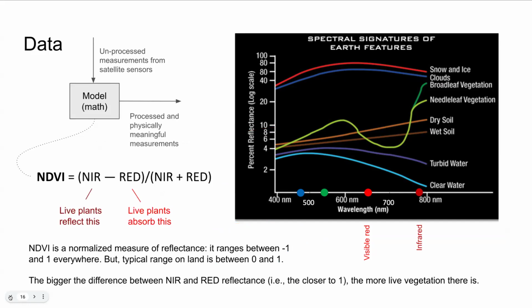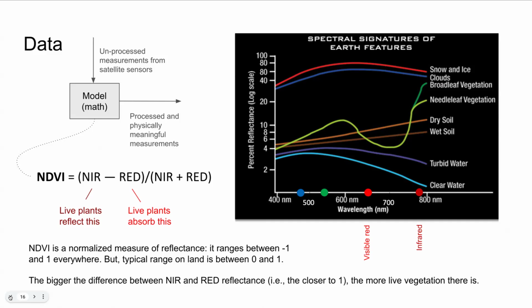The math model, for example, the simplest one that we might have here, is simply an equation for normalized difference vegetation index. The equation that creates this measure of greenness on the land surface that we call NDVI is simply a normalized difference between reflectance at the near infrared wavelength and visible red, normalized by the sum of those.